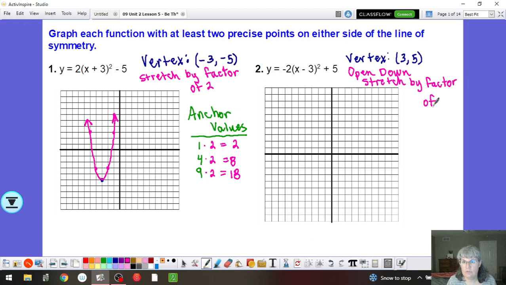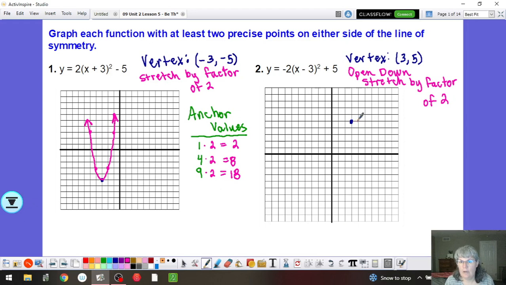Because the stretch factor is the same as before, we can still use these same anchor values, 2, 8, and 18. We just have to remember we'll be moving in a downward direction. So right 3, up 5 is our vertex. Our anchor values are 2, 8, and 18 again.